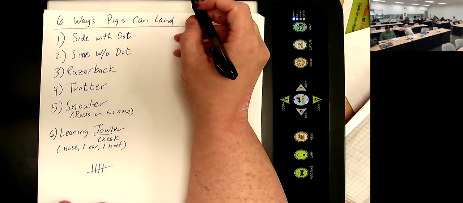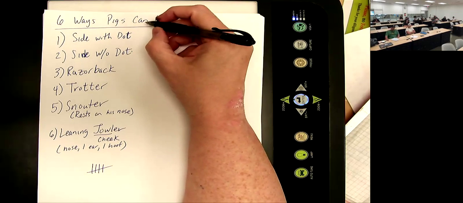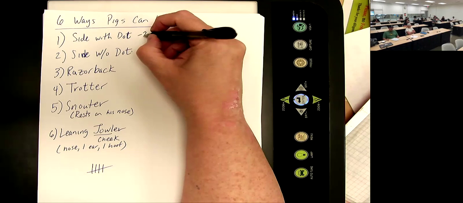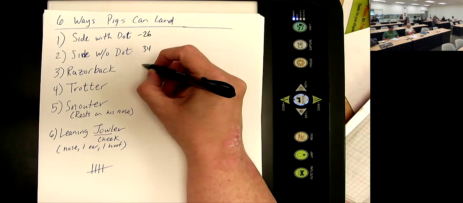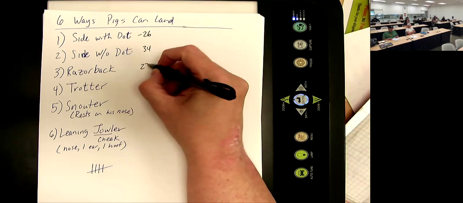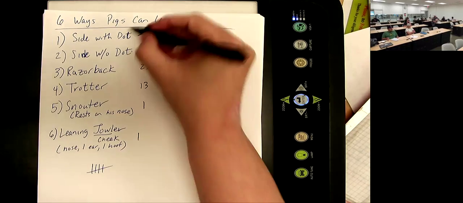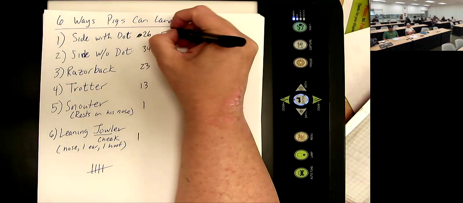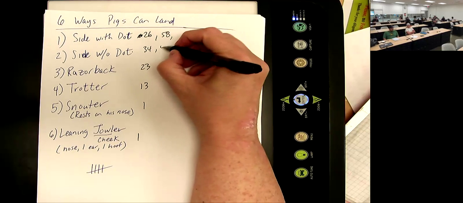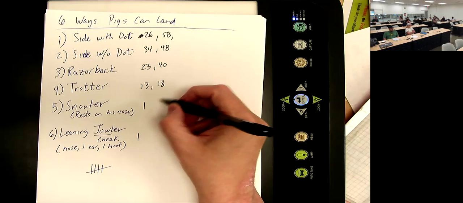Who wants to give me the numbers first? You got yours totaled up, let's go with yours. 26, 34, 23, 13, 1 and 1. Actually, let's go with you guys back there. 58, 48, 40, 18, 3, 1.